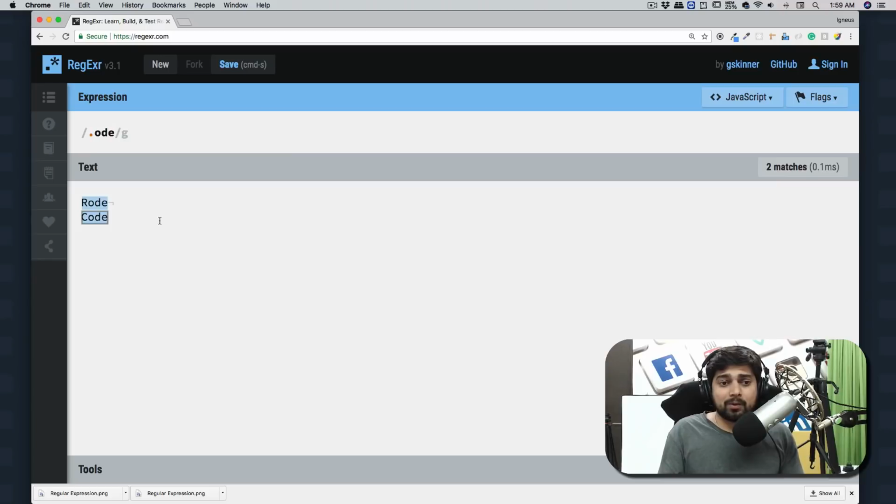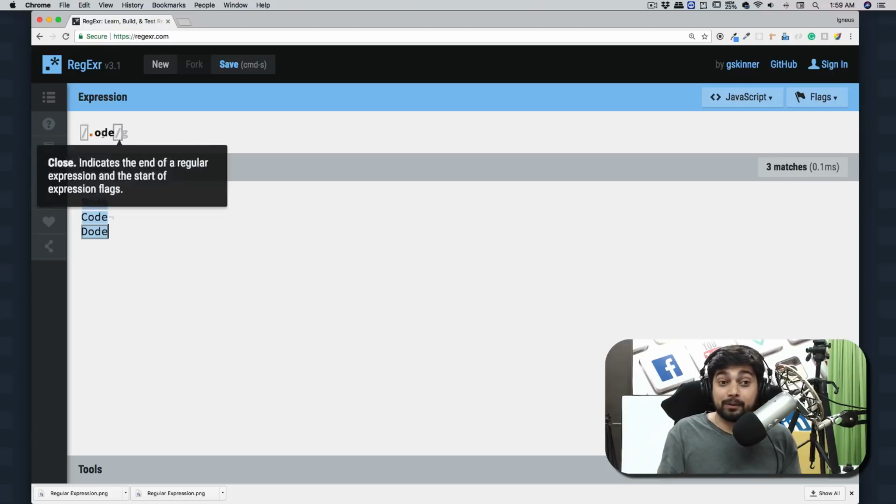But I want to match either code or road, but I don't want to match something like DODE. Now here we're going to learn about something known as character sets, and then I'll talk about the range in a minute. So just bear with me.